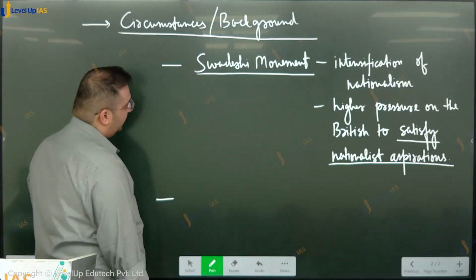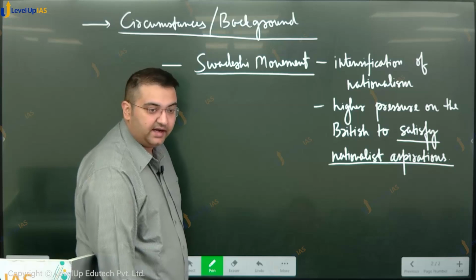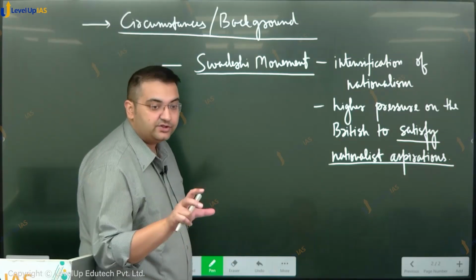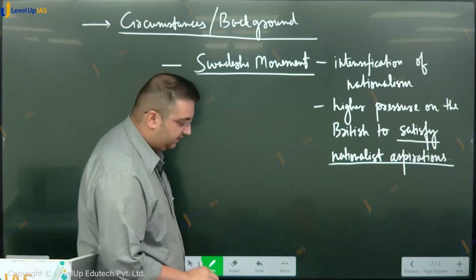Secondly, in the backdrop of the Swadeshi movement, certain promises had been made to people such as Gopal Krishna Gokhale in particular and the moderates in general, right?